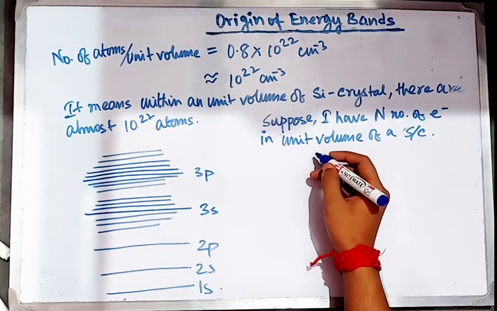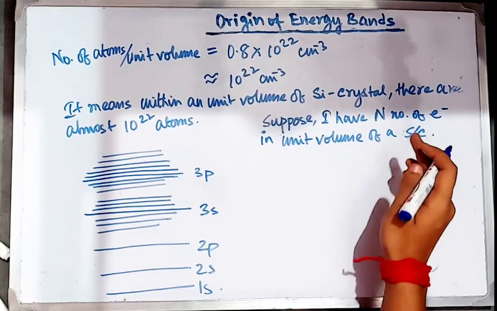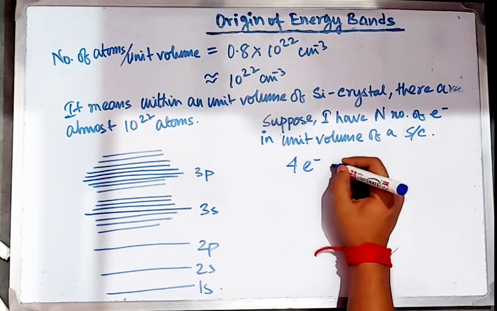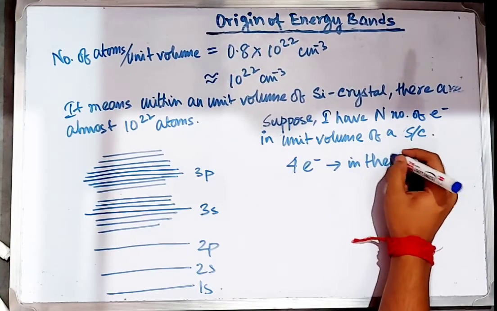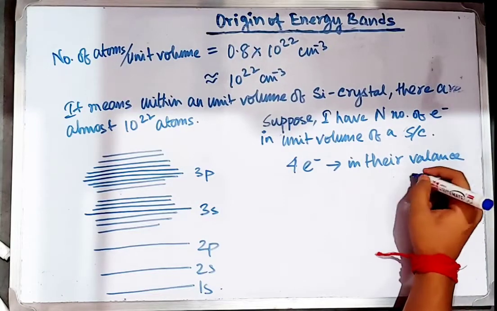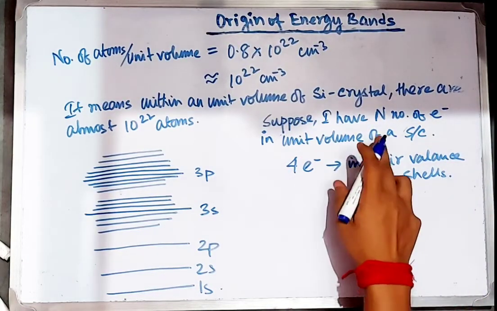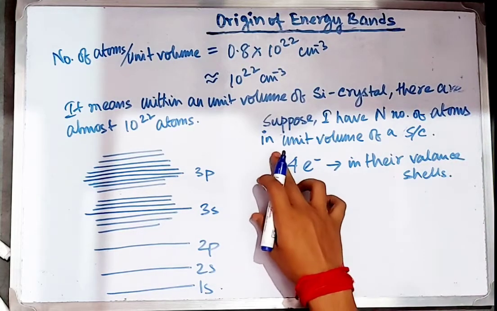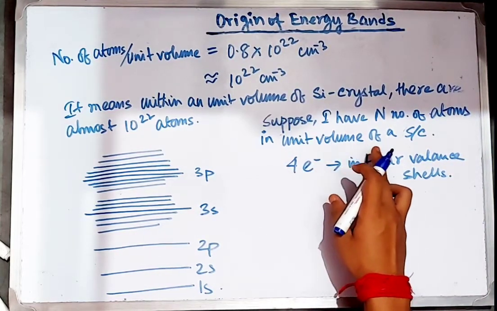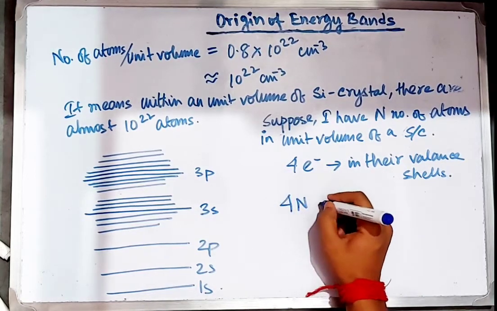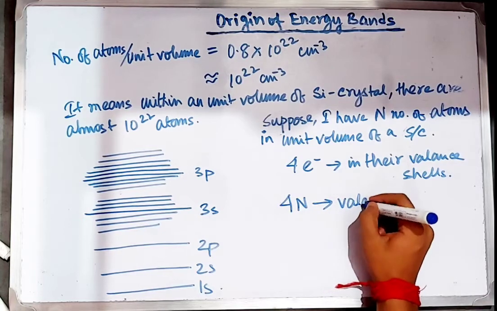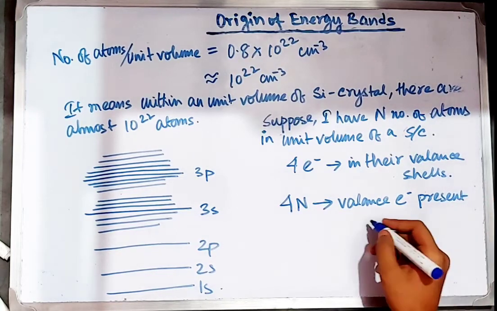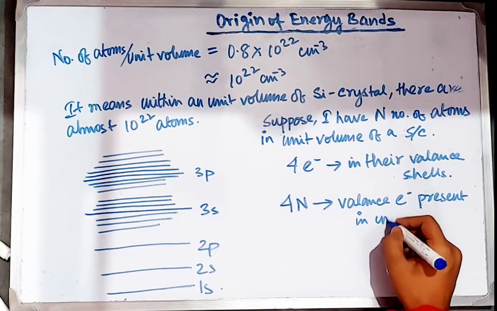But we know that each atom of any semiconductor has 4 electrons in its valence shell. So if there are n number of atoms in unit volume of a semiconductor, then there must be 4n number of valence electrons present in unit volume.